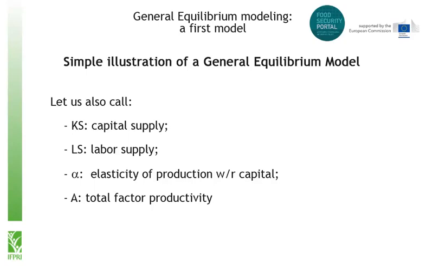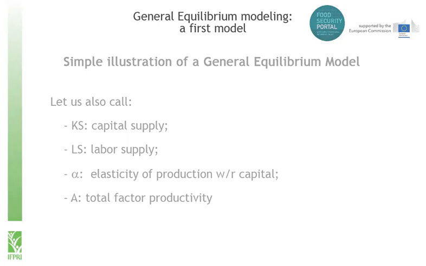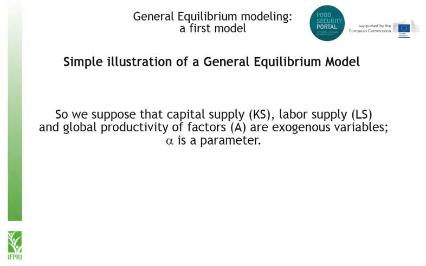So it is not supposed to change. So what we just did is to suppose that capital supply, KS, and labor supply, LS, and global productivity of factors, A, are exogenous variables. And we also decided that alpha is a parameter.